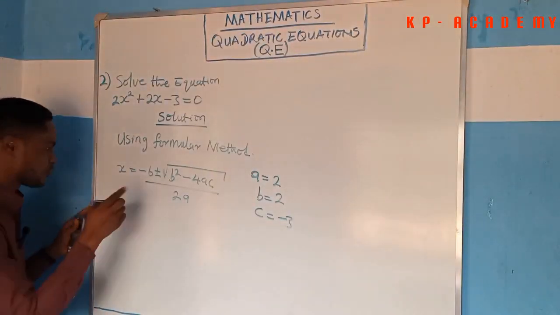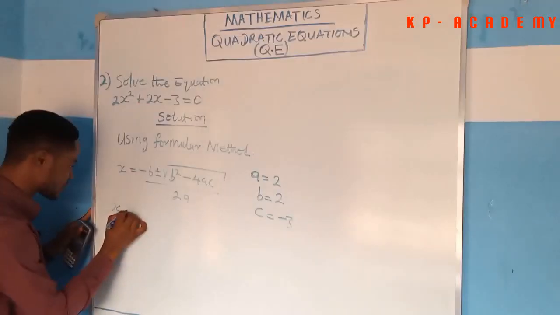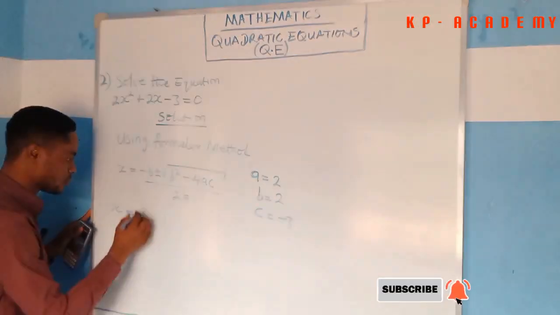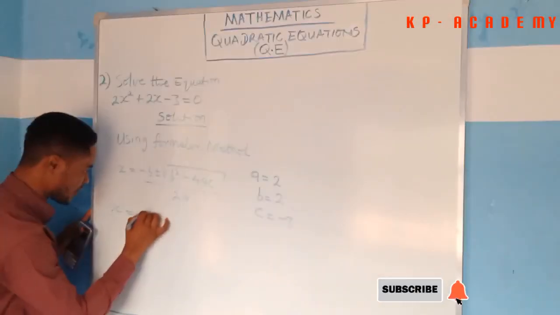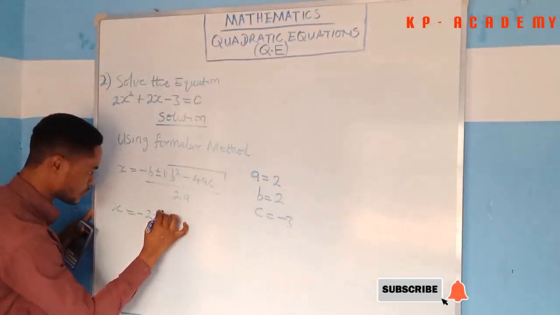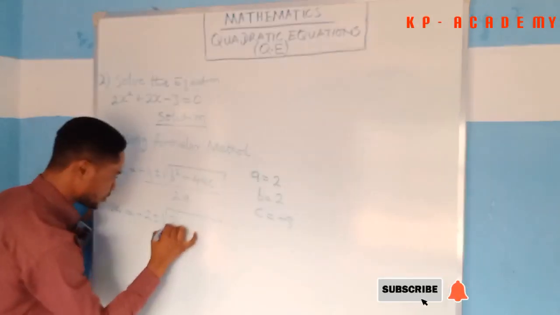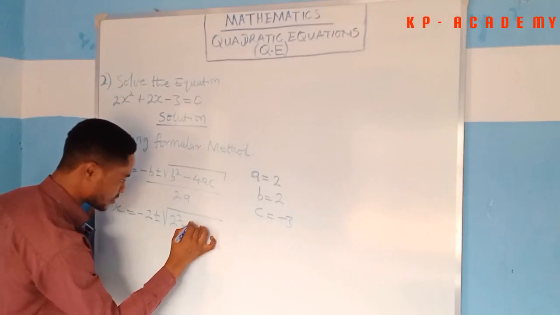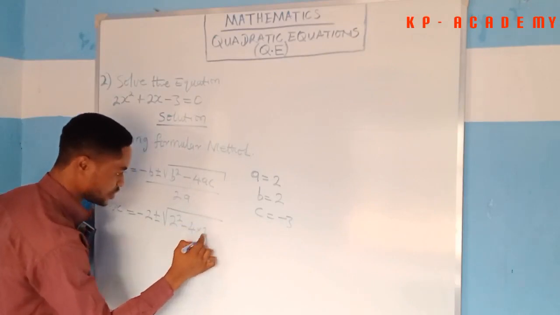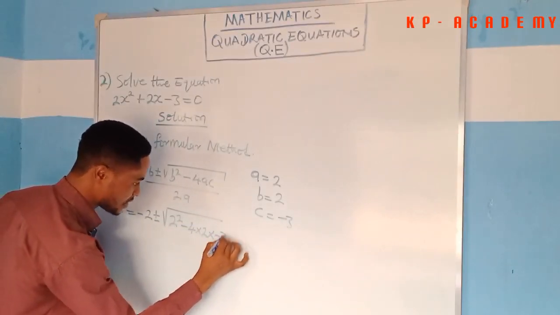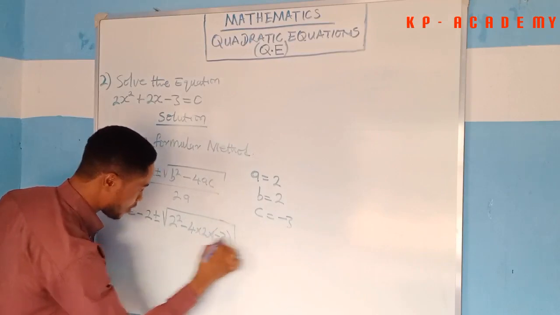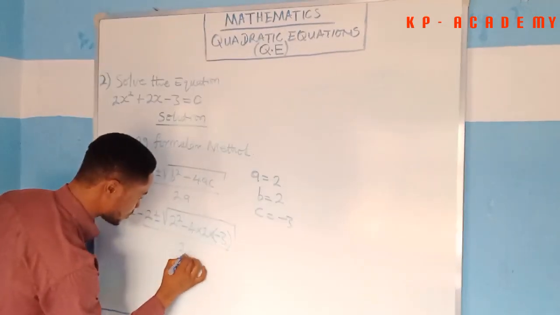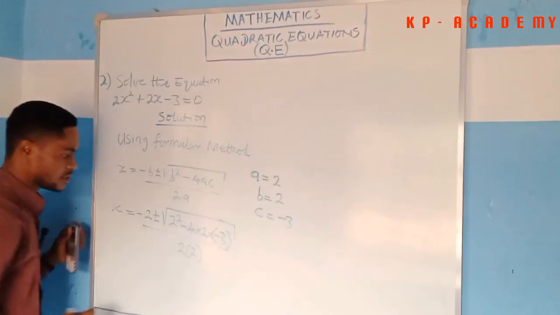Very, very important. Therefore, doing that, we now have that x is equal to minus b, which is 2. So minus 2 plus or minus square root of 2 squared minus 4 times 2, which is a, times minus 3, which is c. Now, all these things all over 2 times 2, because a is also 2.